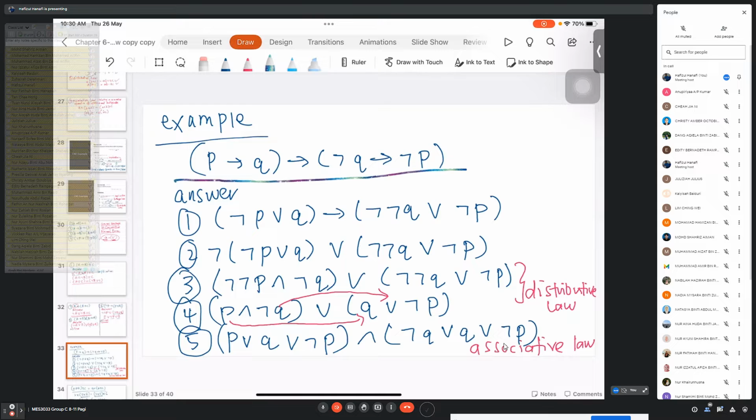Okay, and then we have double negation NNF here, double negation form, and then we have a distributive law, and then after that, this one is NNF or De Morgan.